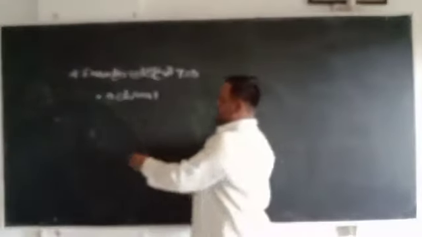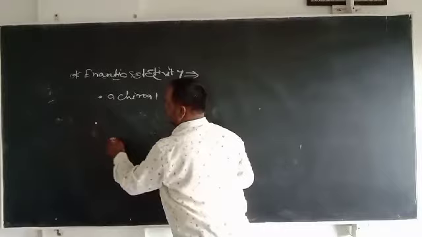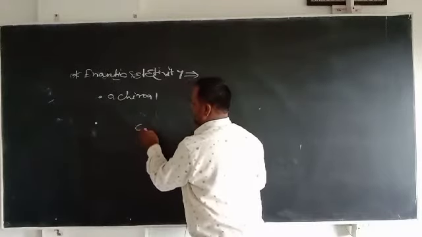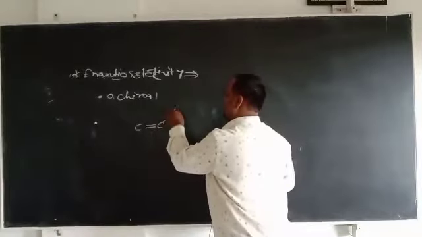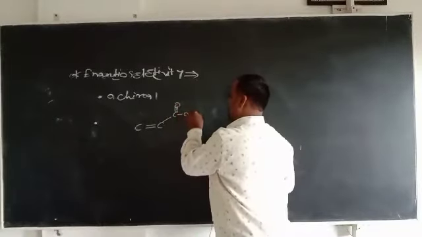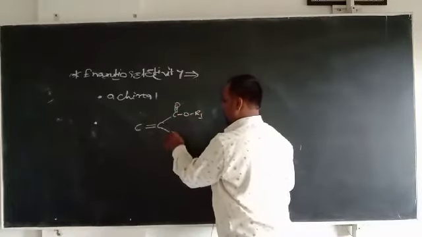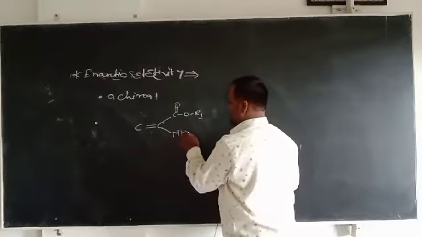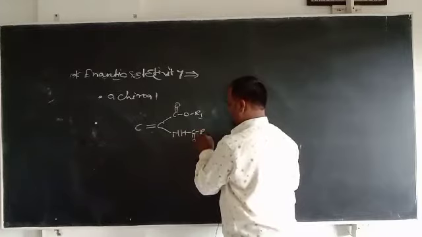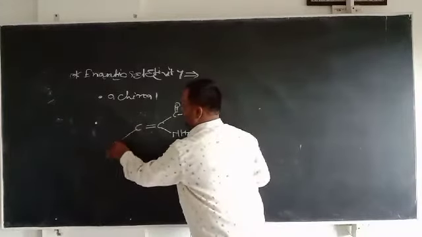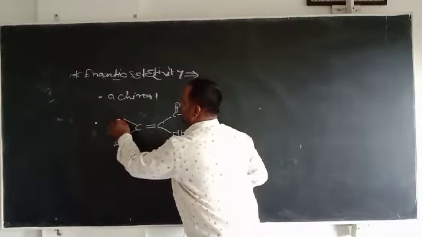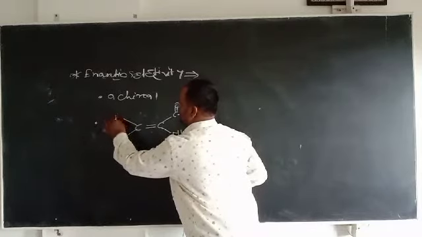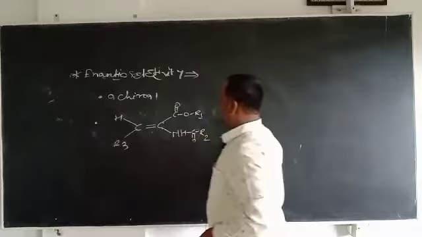Let us see an example, a carbon-carbon double bond. Here we have C double bond O R1, here NH C double bond O R2, this is R3, and this is another substituent, one of the hydrogens.